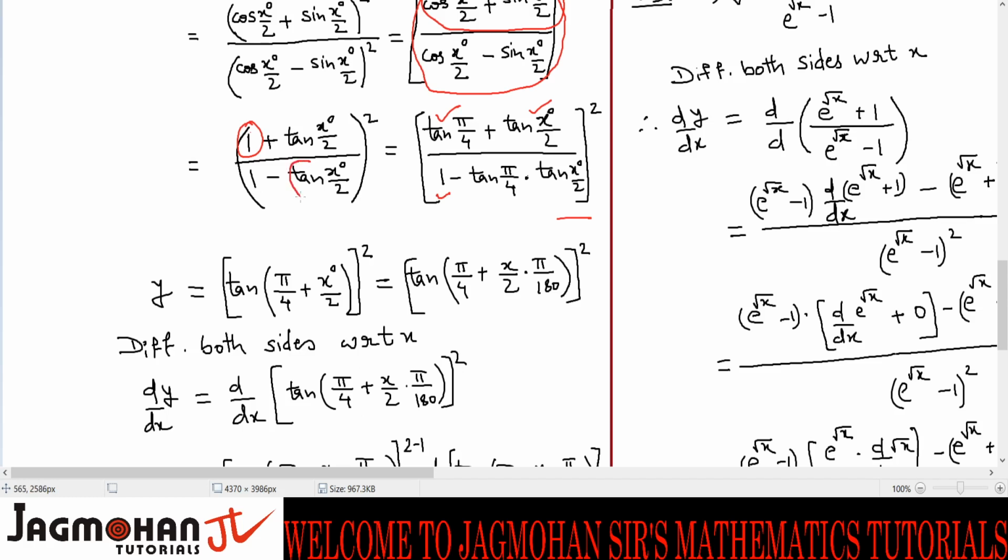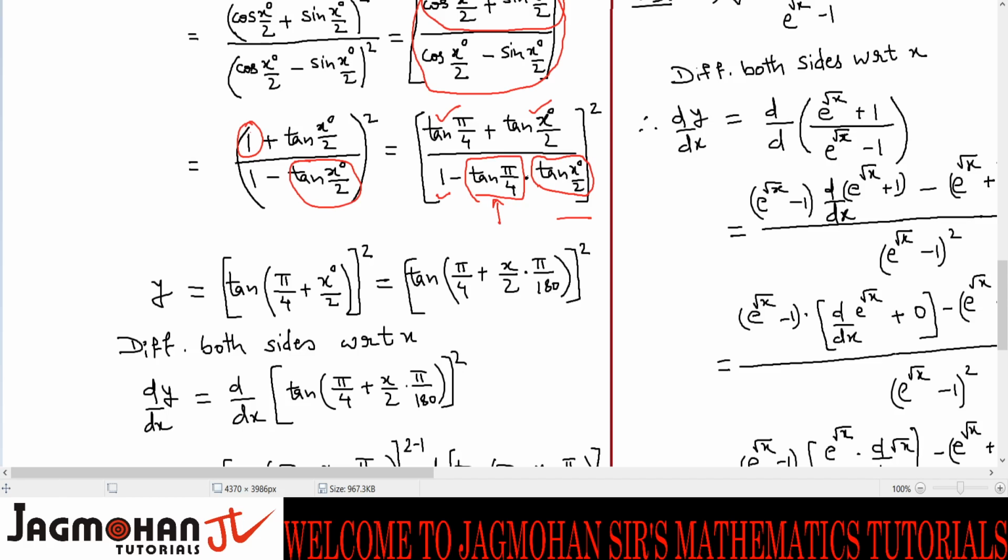And after the negative sign, I'm writing tan x degree by 2 multiplied with tan pi by 4. And this is allowed because tan pi by 4 value is anyways 1. Now 1 into anything will remain the same thing. So tan x degree by 2 is written as tan x degree by 2 multiplied with tan pi by 4.